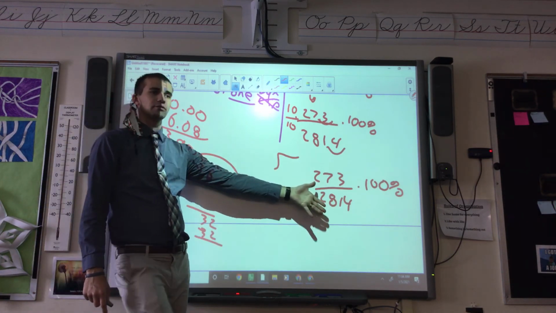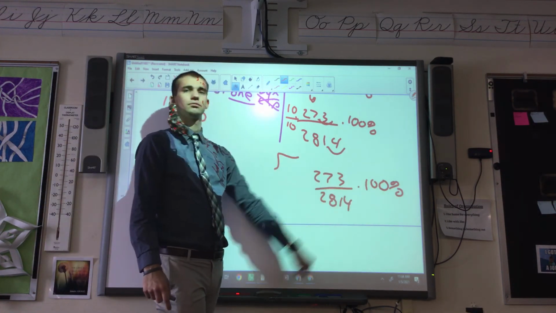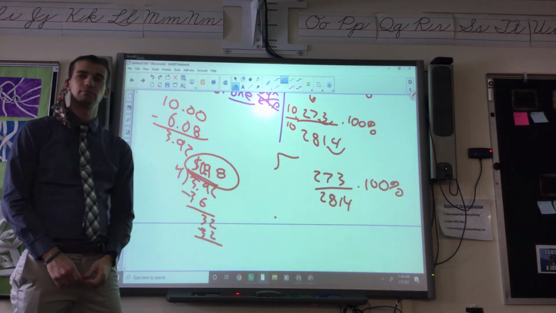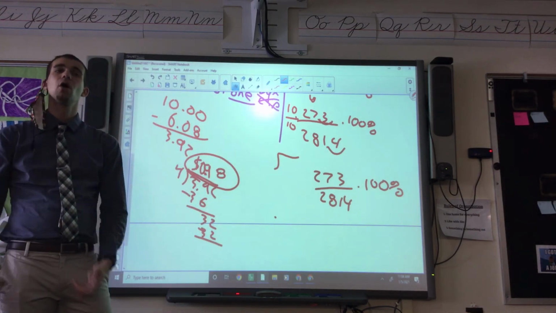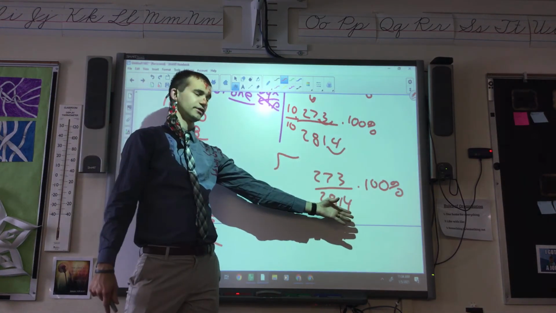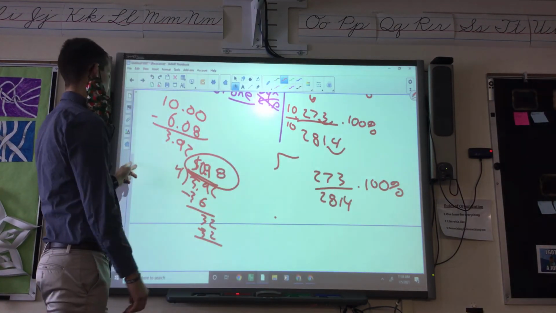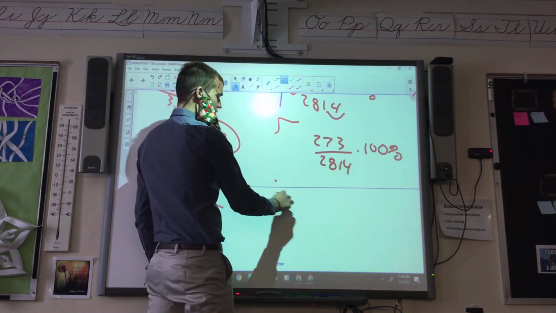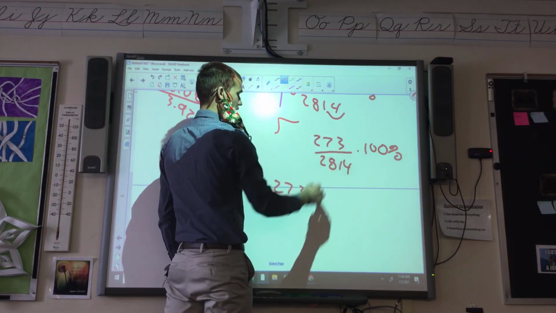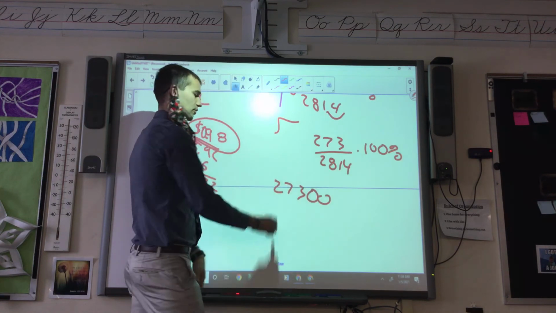Yeah, you divide, and then you would do what afterwards? Move the decimal points. Yeah, you would move the decimal points too. Or you could just say, hey, I'm going to multiply and then divide. Multiply 273 times 100, and then I'll carry the decimal point up there. That's what I would do. 273 times 100 is, you just add 2 zeros.